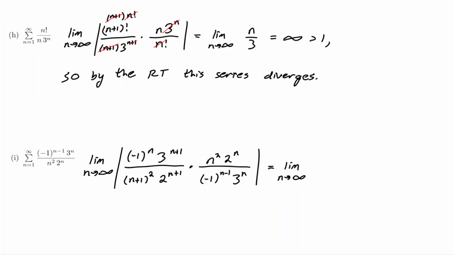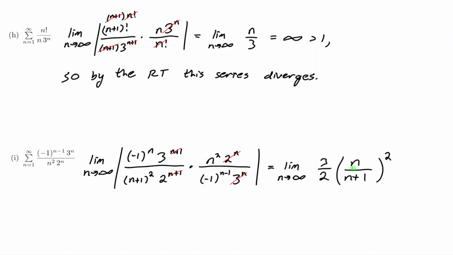And then the rest of our cancellations are going to look very similar to what we've been doing. This 2 to the n and 2 to the n plus 1 will cancel, leave us with a 2 in the denominator. 3 to the n, 3 to the n plus 1 cancel, leave us with 3 in the numerator. And then I'm going to go ahead and put my n squared and n plus 1 squared terms together as I rewrite this. We've got 3 halves times n over n plus 1 quantity squared.